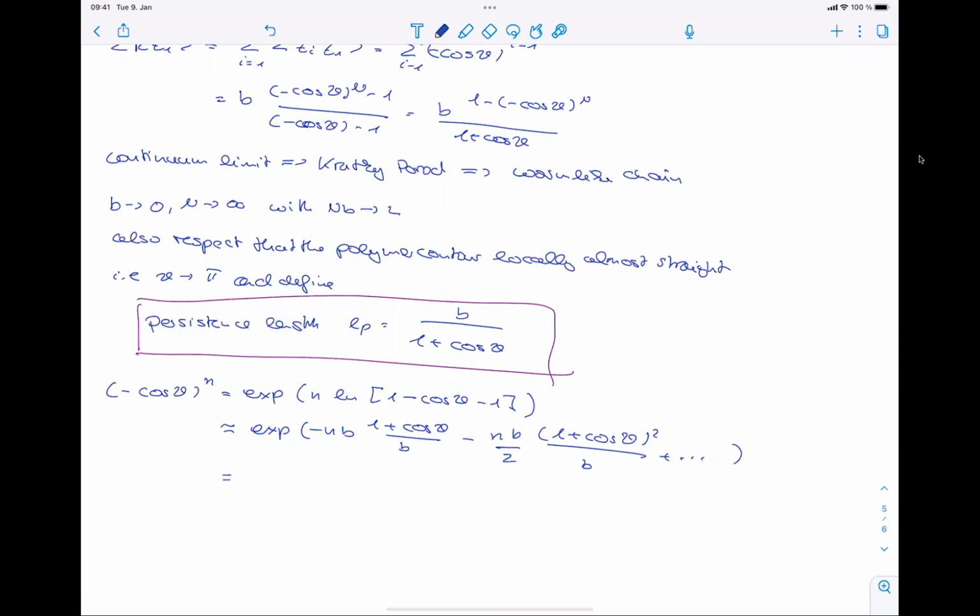And this is then exp of minus nb over Lp, which is nothing else than minus the length of the polymer over the persistence length. And again, we here chose Lp such that it has the dimension of a length, to factor in that the intrinsic spatial dimension of the polymer is the length of the polymer, so n times b.